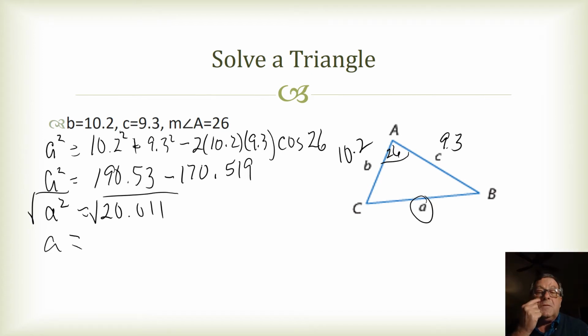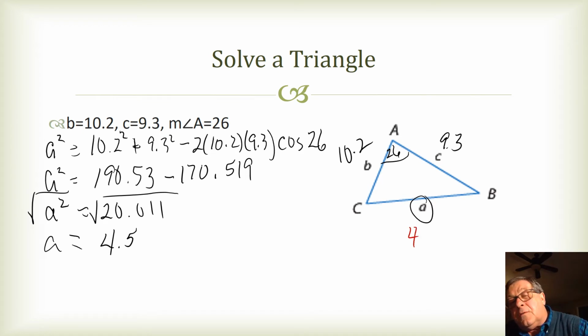A is equal to the square root of 20.011. We're going to round that to the nearest tenth, and shazam, that is equal to 4.5. So now I've found this measure, 4.5.